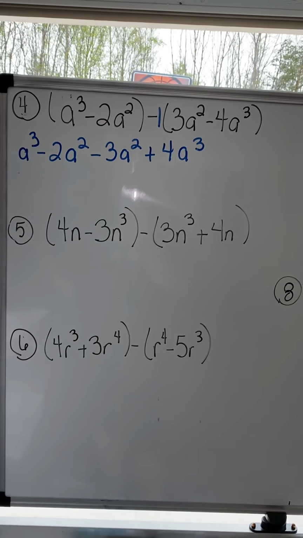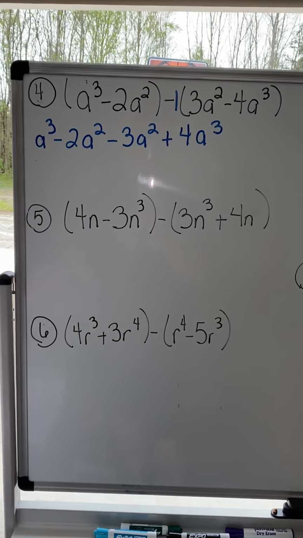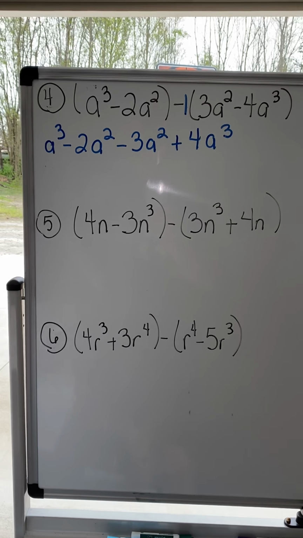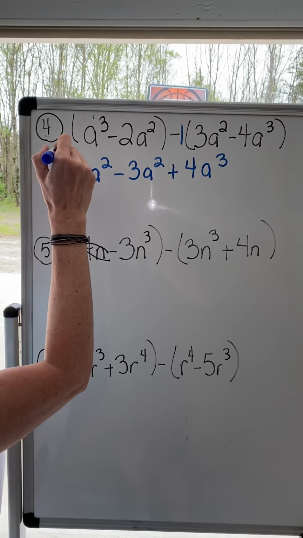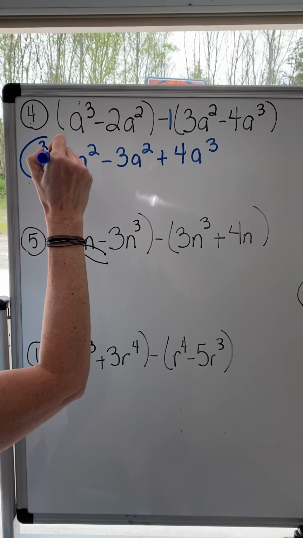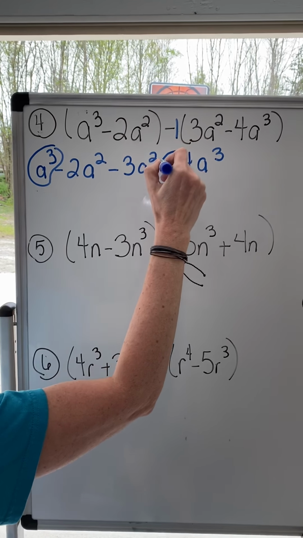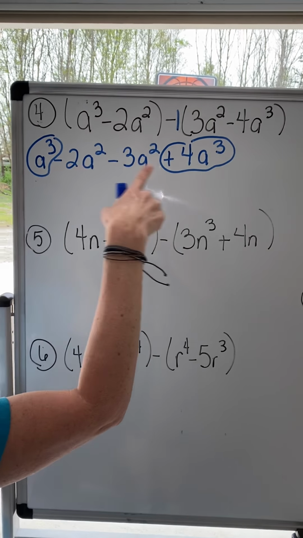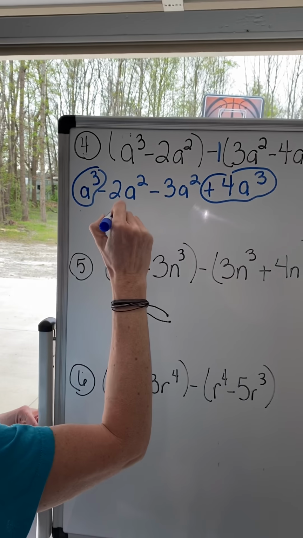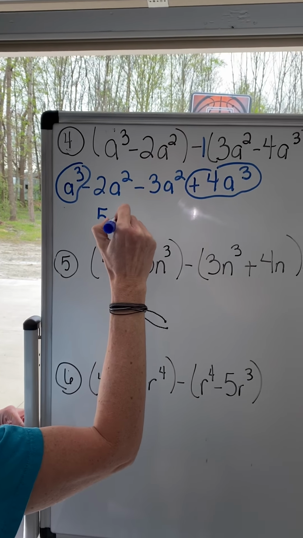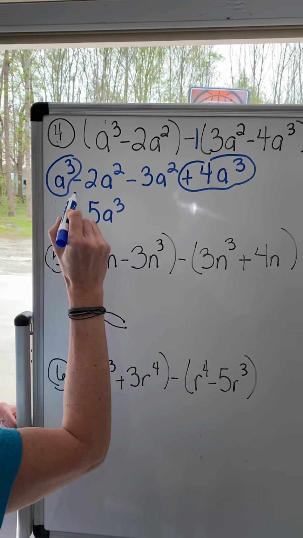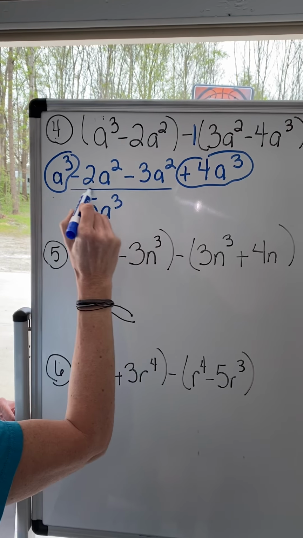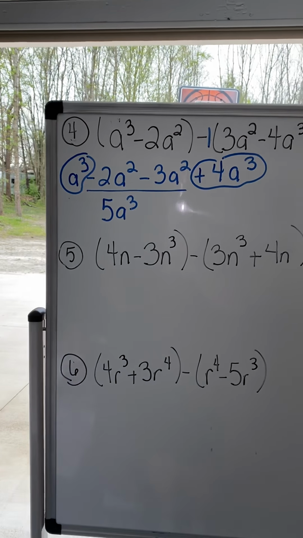Now, once you've done that, you can go ahead and combine everything together like we were doing before. So for this one, I've got my a to the third right here, and I'm going to combine it with this a to the third right here. So that's 1a to the third plus 4a to the third, so that's going to be 5a to the third. And now I can just combine these two together because they're both a to the second power.